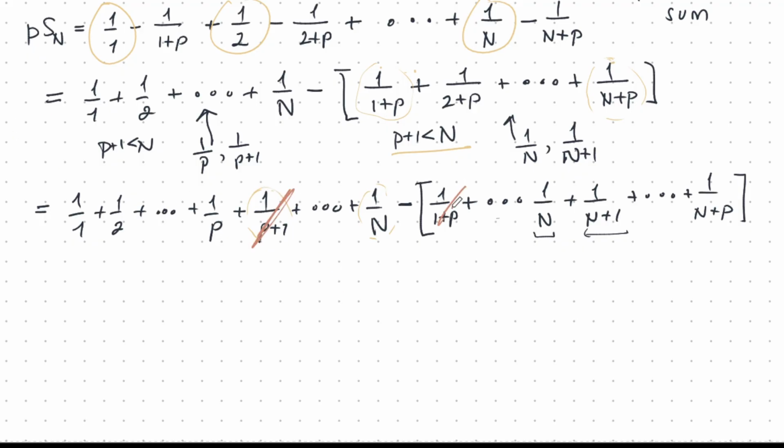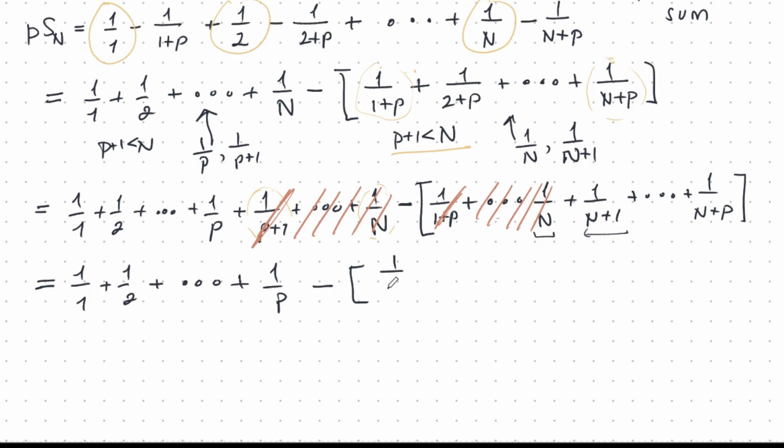This cancels with this, and all this stuff up to the nth term cancels with all of this. So I have this harmonic sum, the pth harmonic number, minus now all of this. 1 over n plus 1 plus 1 over n plus 2, and so on, plus 1 over n plus p.